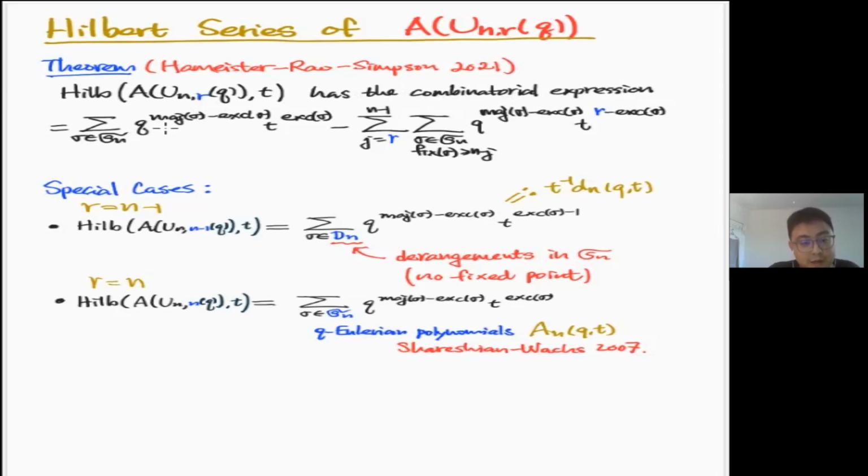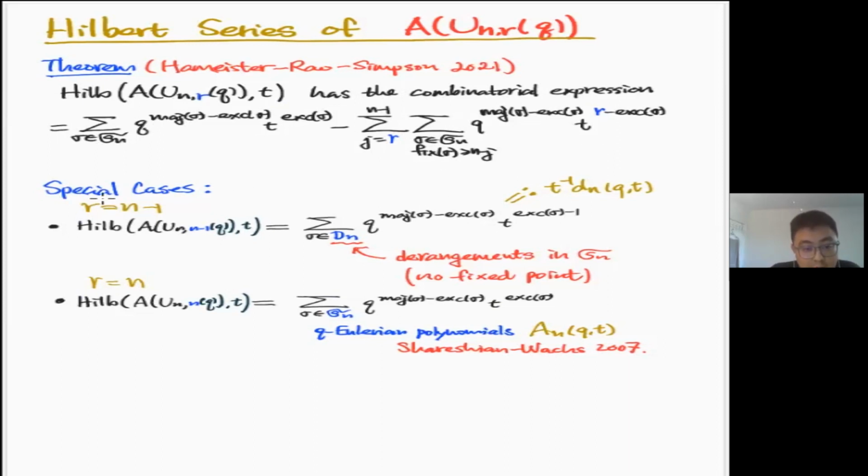It's related to counting major index minus exceedance, and exceedance, over permutations. When your uniform matrix has rank r, you need to subtract some term related to this rank r. The term you subtract is also related to the number of fixed points of your permutations.